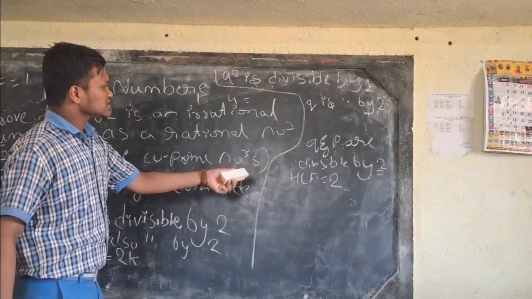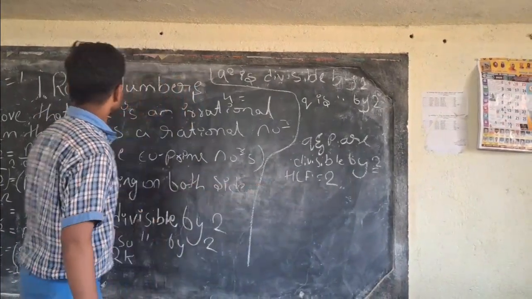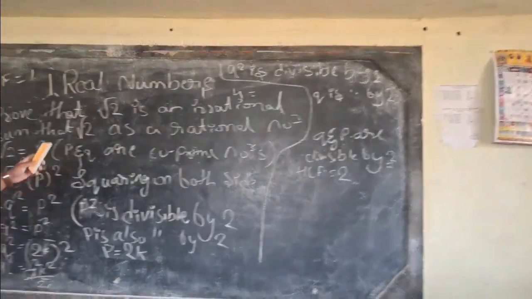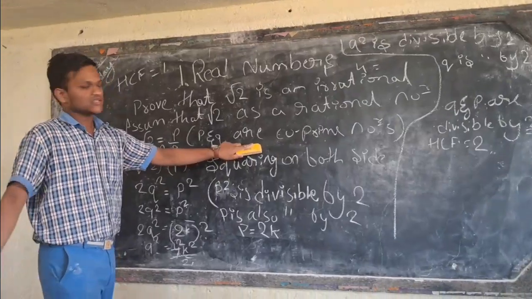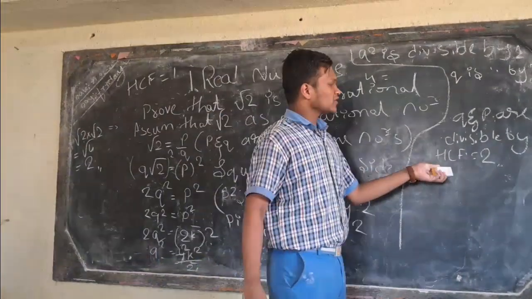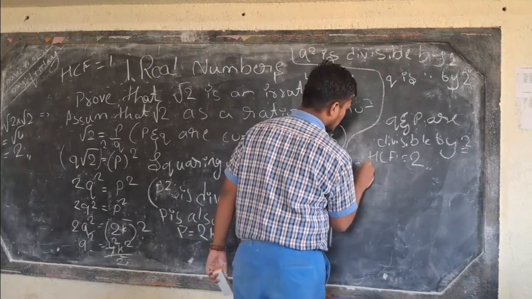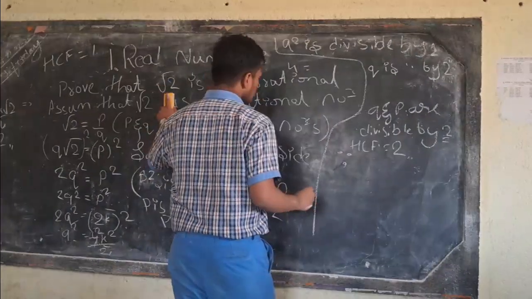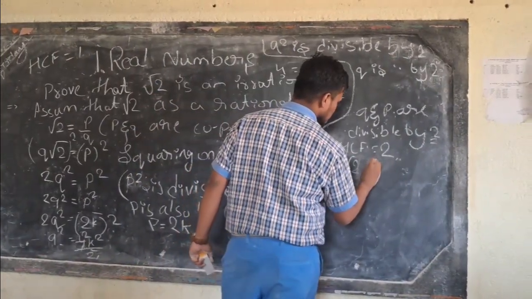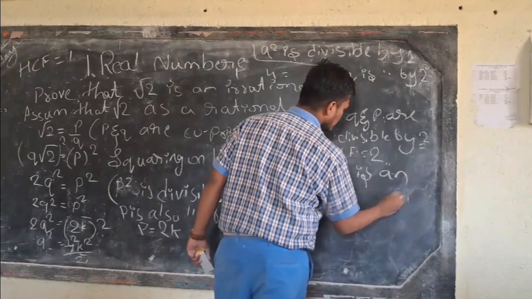This confusion occurred because here we said that p and q are co-prime numbers whose HCF is 1, and here the HCF came 2, because root 2 is an irrational.